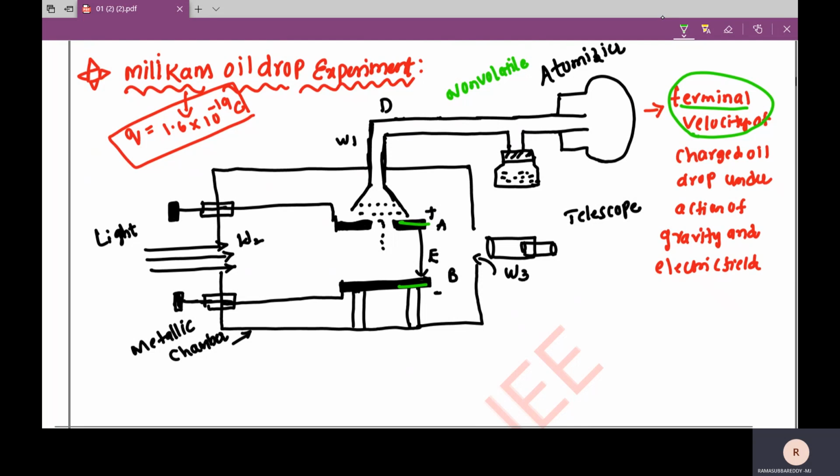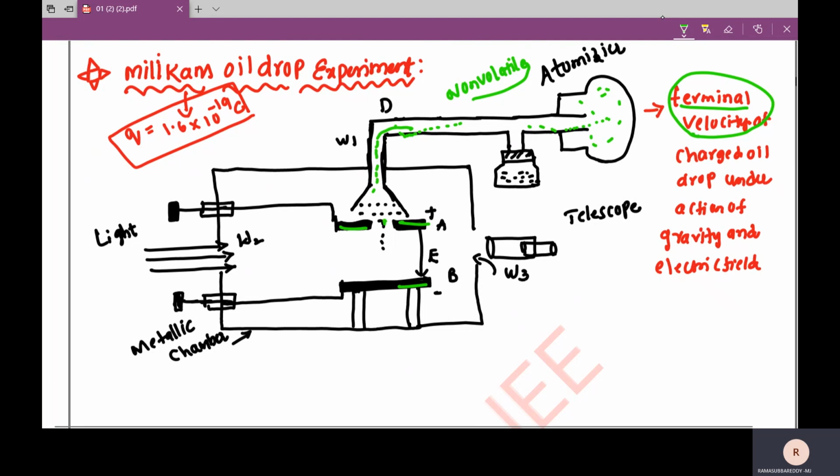These small droplets come out from the atomizer and are sprayed above the hole of the plates. Here, in this hole of the plates.